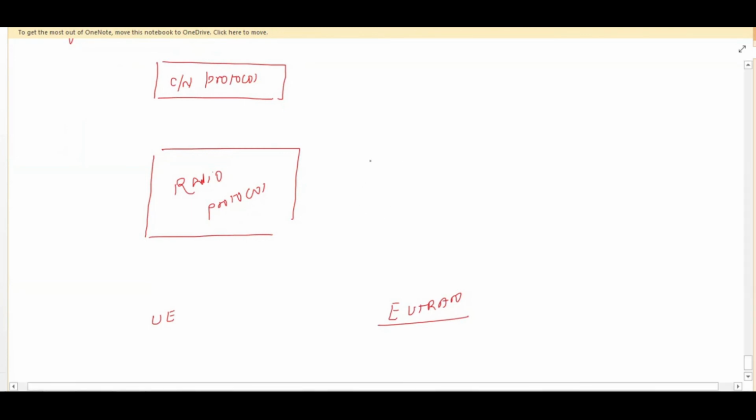So EUTRAN must have the same protocol. Here is the sender side radio protocol, so EUTRAN must definitely have the same radio protocol.